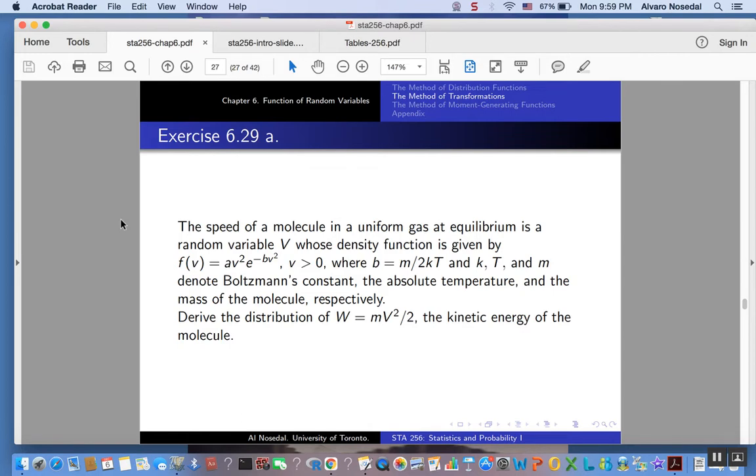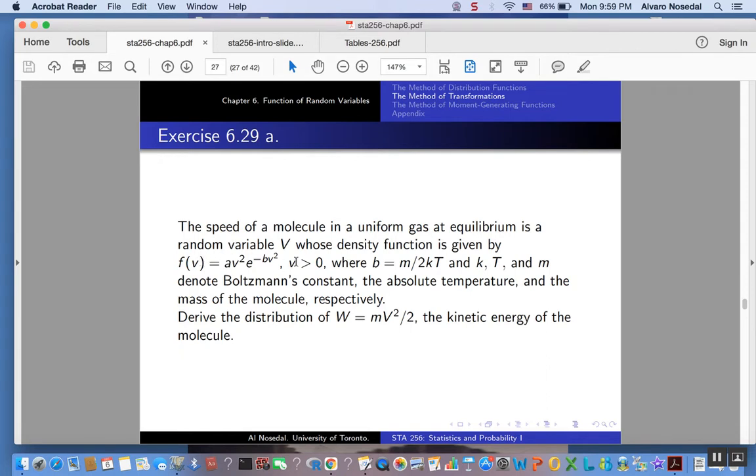We have an original random variable V, right? And then the PDF for that random variable V is given by a times v squared e to the negative b times v squared for positive v, and it's going to be 0 otherwise.